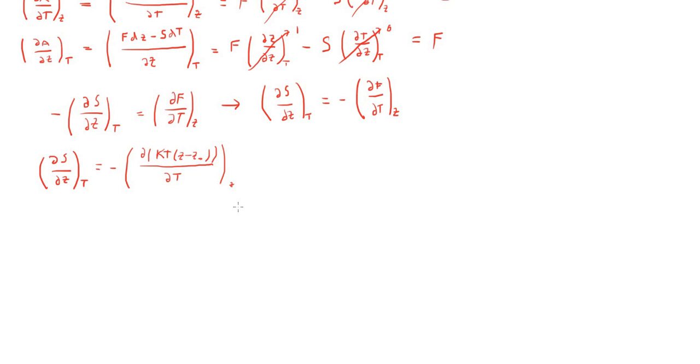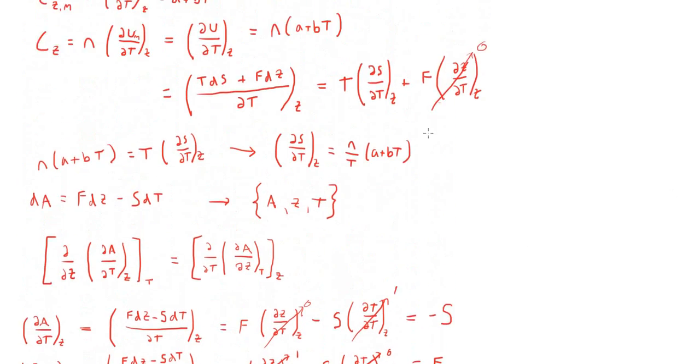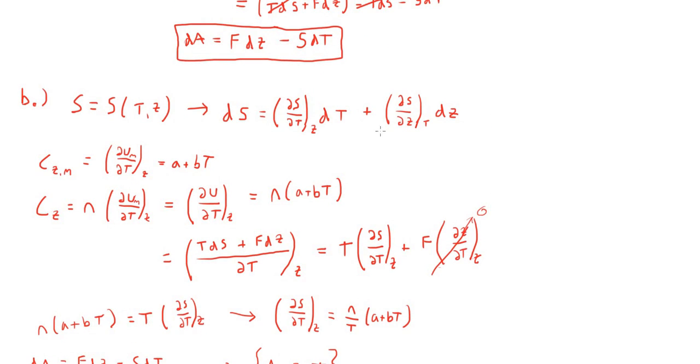So let's take the partial derivative of this expression with respect to t, and it's just k times z minus z0. So this is our final expression for ds over dz at constant t. At this point we can plug in this and what we calculated earlier for ds over dt at constant z into this expression for ds.